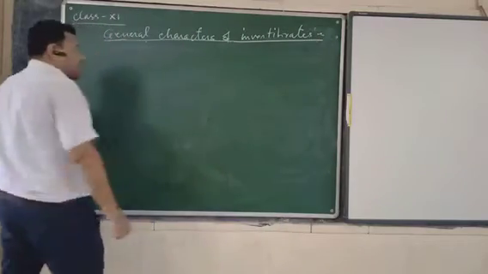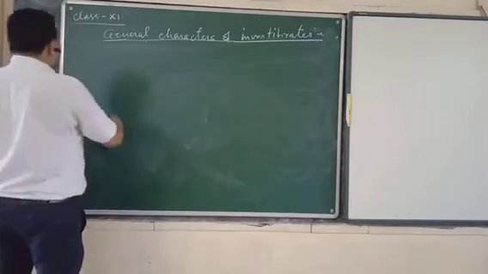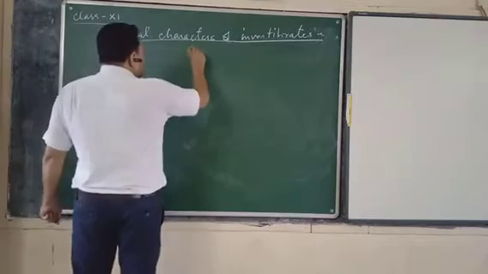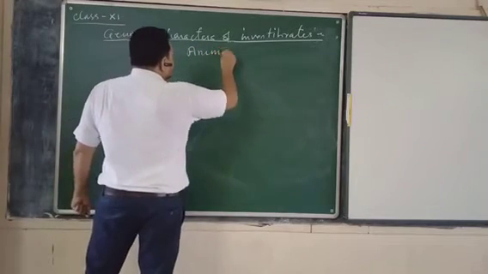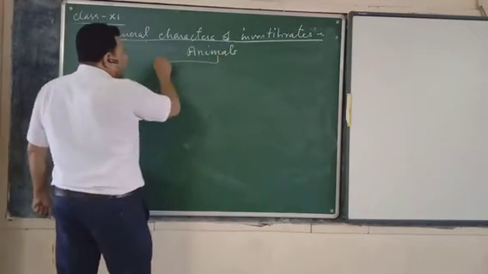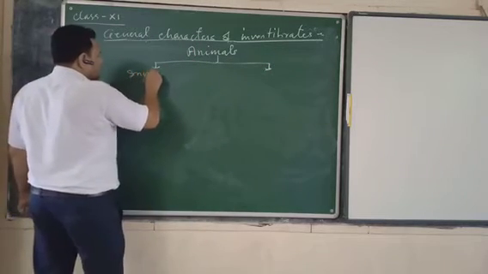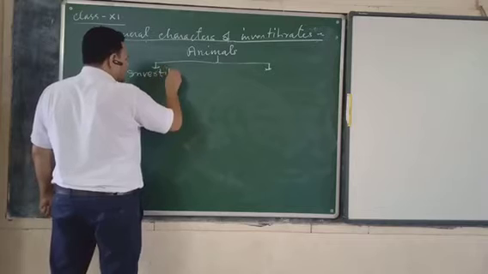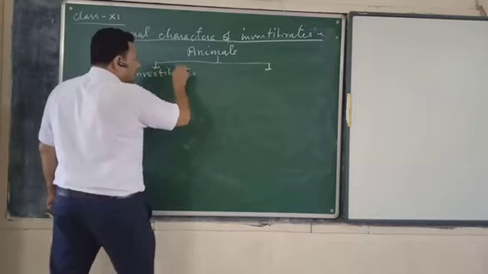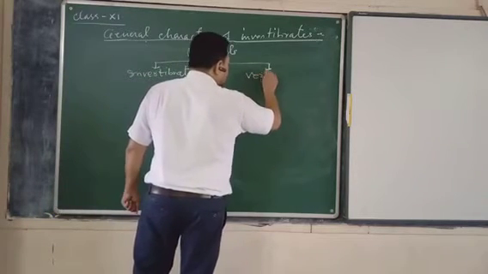So, the general characteristics of invertebrates. Number one, animals are broadly divided into two categories: invertebrates and vertebrates.